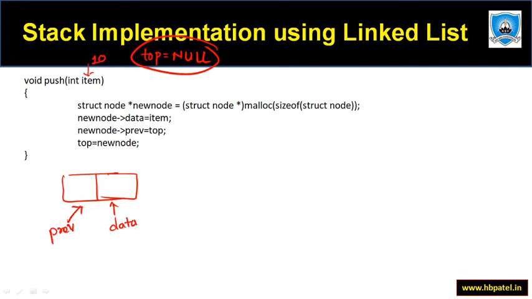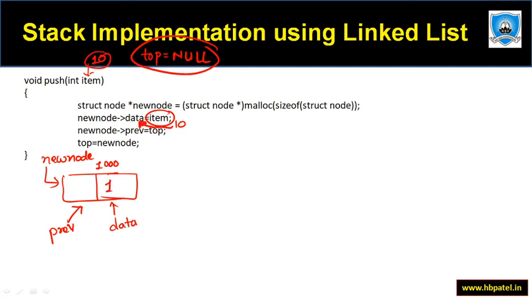Let's say this one is new node, and we can also assume some address, let's say 1000.